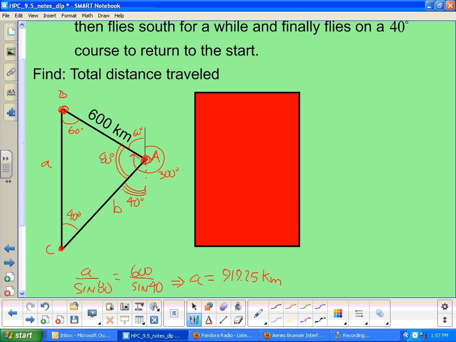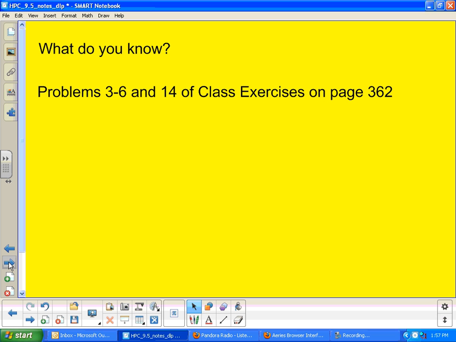Then it says from that point I go south. I get to a new point after I fly for so many hours. And then from this point I'm turning 40 degrees, which is coming from north. This one over here, yes. Yep. All right. There we go.